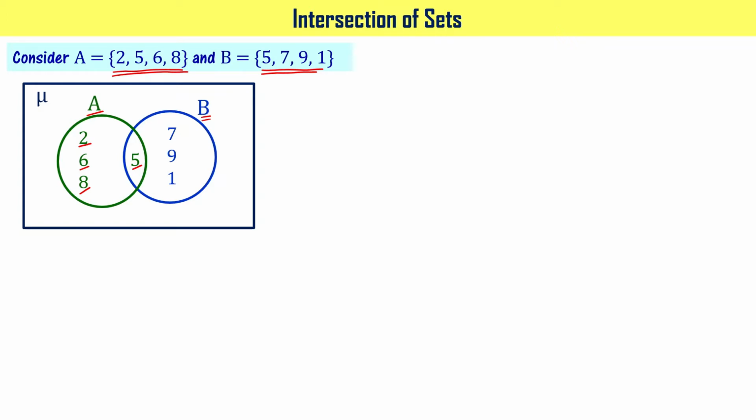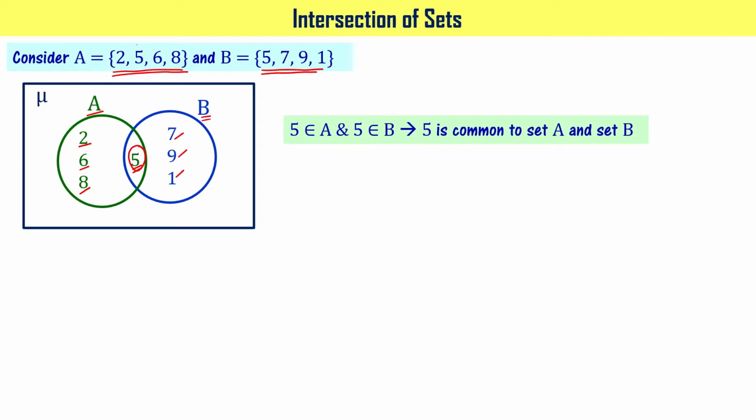As you see here, set B has 5, 7, 9 and 1 as the elements. If you observe this, 5 is common to both the sets. We can say that 5 belongs to A and 5 belongs to B also.